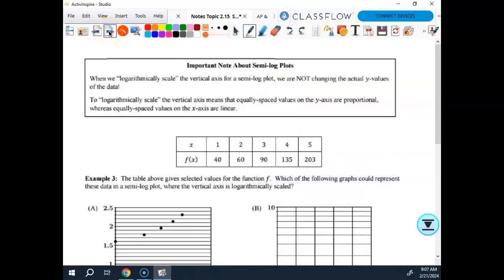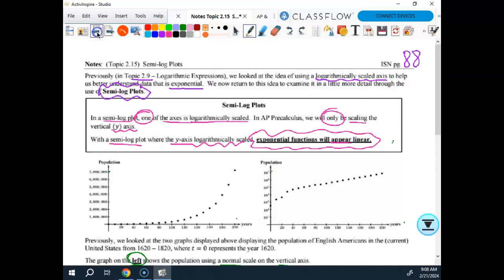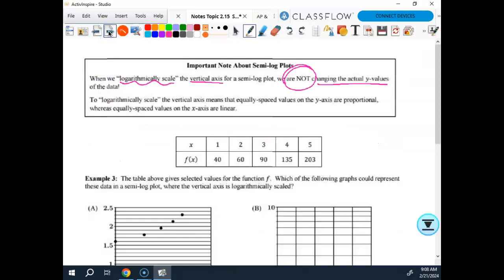All right. So another thing. When we logarithmically scale the vertical axis for a semi-log plot, we are not changing the actual y values. Okay? Remember this here. This is 7 million. This is 10 to the 7th, which is 7 million. We have not changed anything. Does that make sense to you? We haven't changed the actual value. All right.